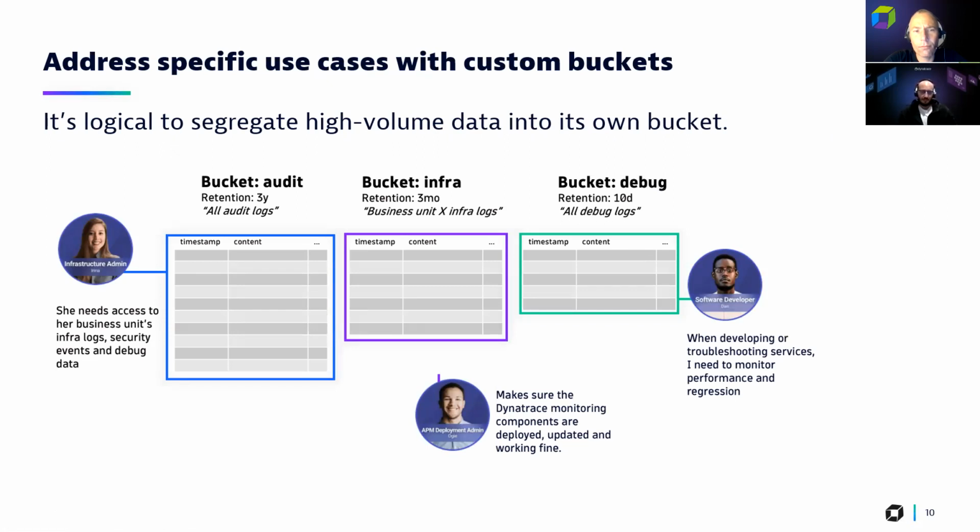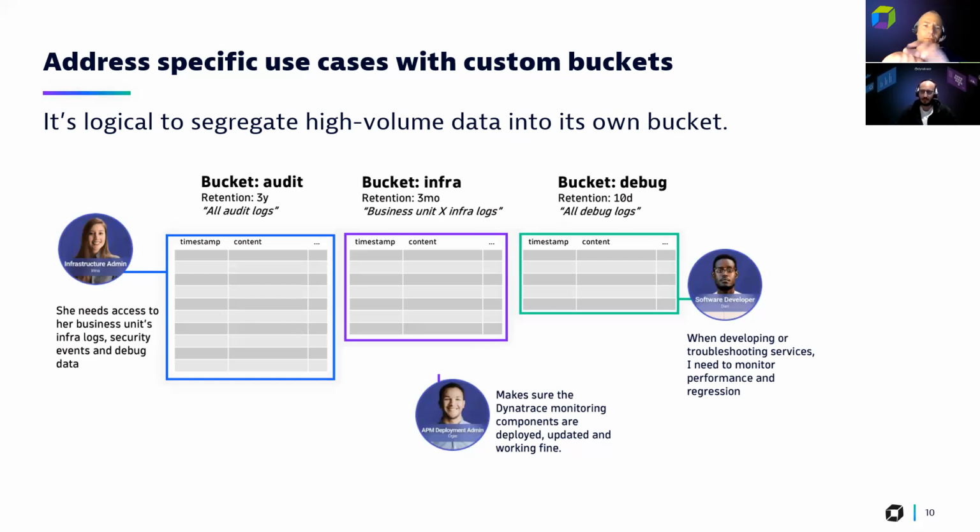In the first example, to fully utilize the Grail features, we allow data which is frequently queried and used to be separated from other scenarios. In this example, it is logical for these three teams to segregate high volume data into its own bucket.